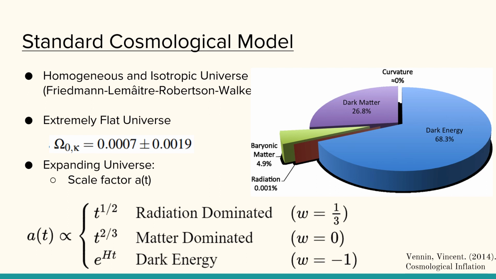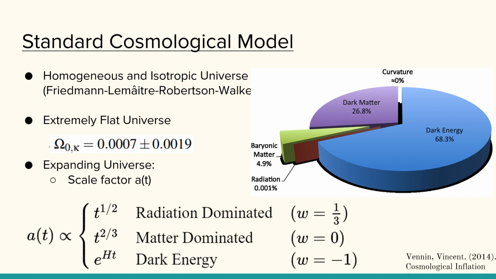And that it's comprised of mostly dark energy, dark matter, and baryonic matter, and a very small amount of radiation at the current time. But over the course of the universe, this pie chart has changed as different energy densities dominate. And the solution given by the Friedmann-Lemaitre-Robertson-Walker universe is an expanding one.